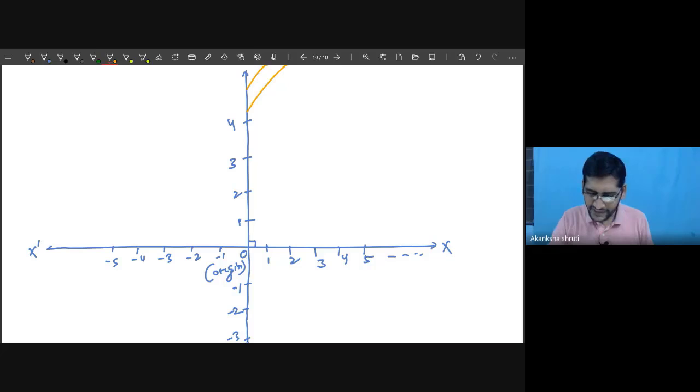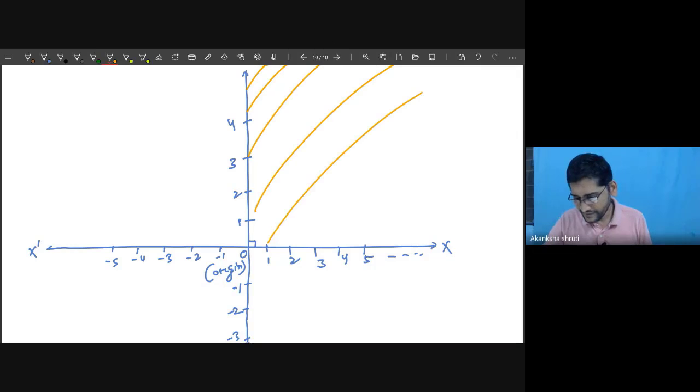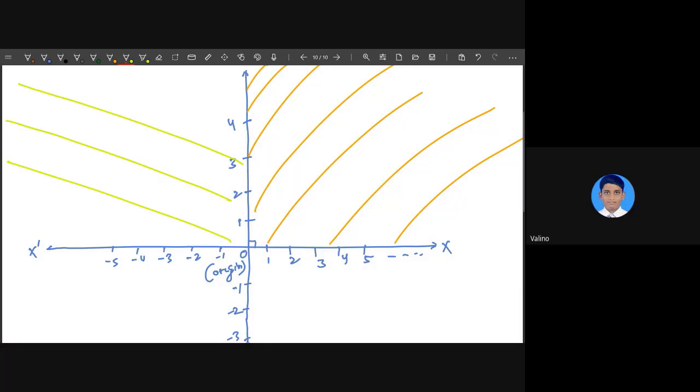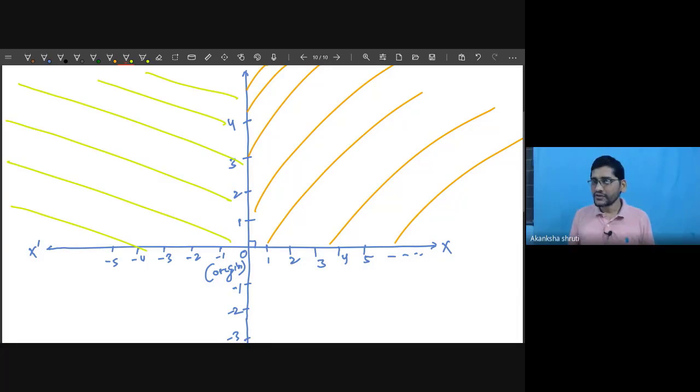One rectangular area is this one. What is the other one? The other one can be taken like this. Second quadrant. Each of these is called a quadrant.